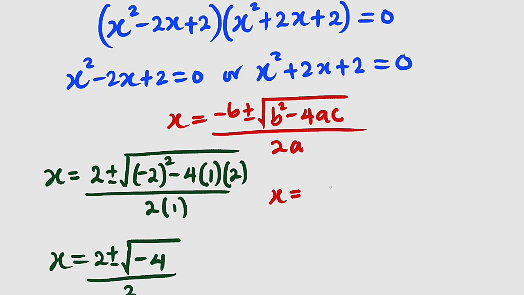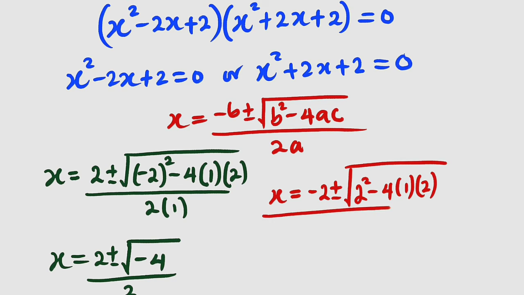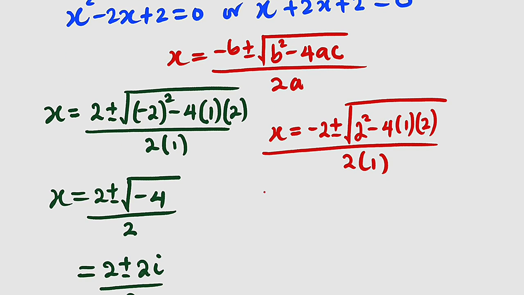Now let us go back to the other equation. x is now equal to minus b. b is positive 2, so we have minus 2, plus or minus the square root of b squared, that is 2 squared, minus 4, a is 1, c is 2, divided by 2 multiplied by 1. x is now equal to, the whole of this will give us negative 4.